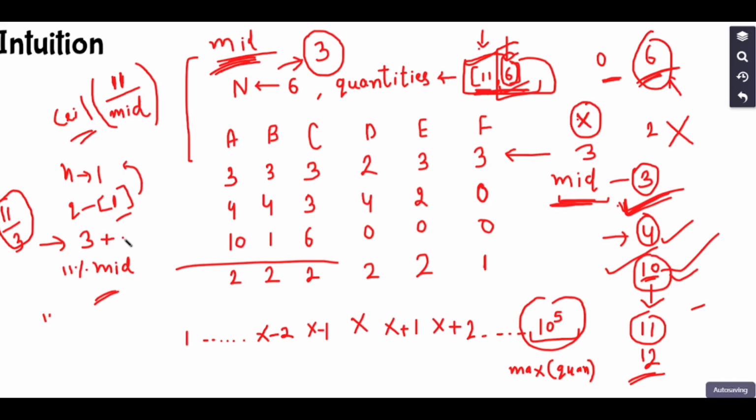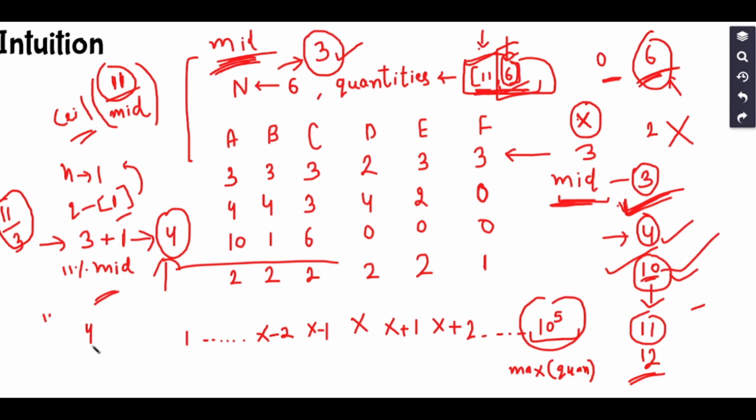Now the 2 units will be delivered to the 4th store. That means we can distribute product number 1, such that it should not exceed this 3, to 4 stores. Okay, now I am counting the number of stores in this fashion. So I can distribute product number 1 to 4 stores.